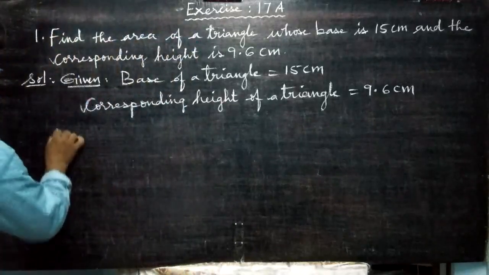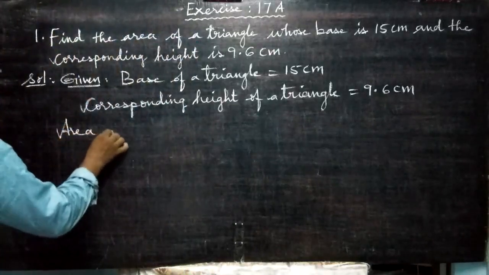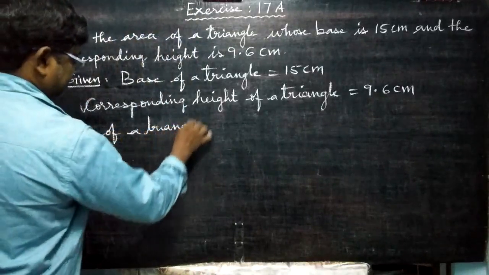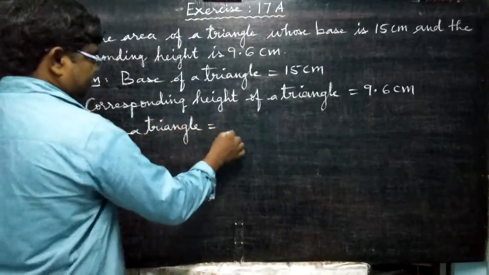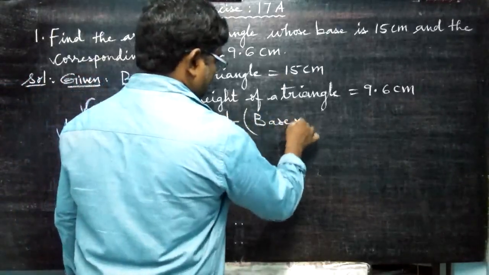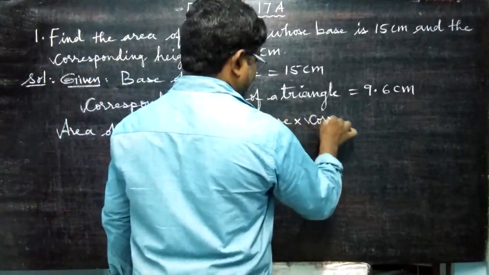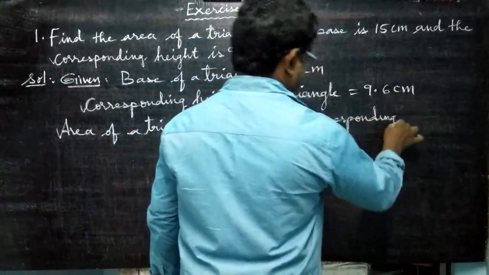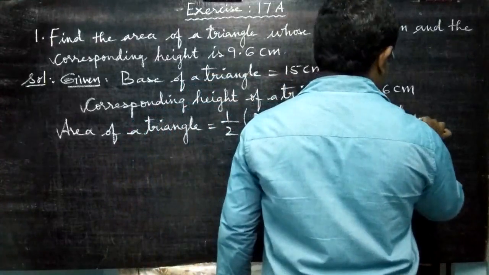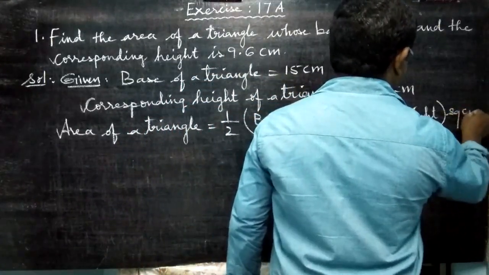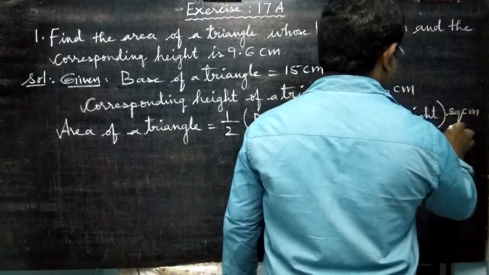Now they are asking to find the area of the triangle. Area of a triangle formula is equal to half of base into corresponding height, close the bracket, square centimeters, because we know the units now.